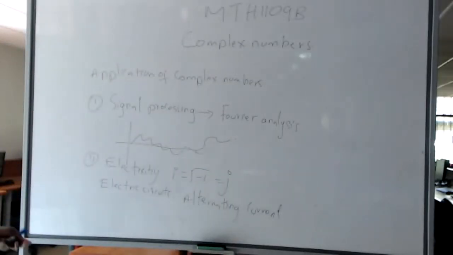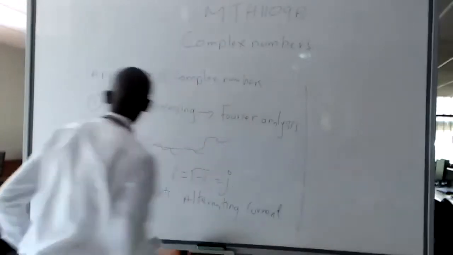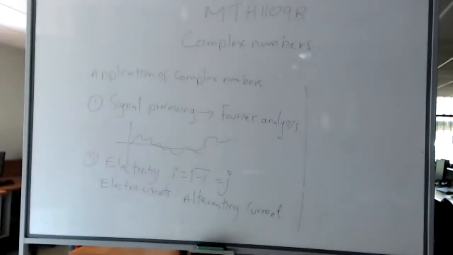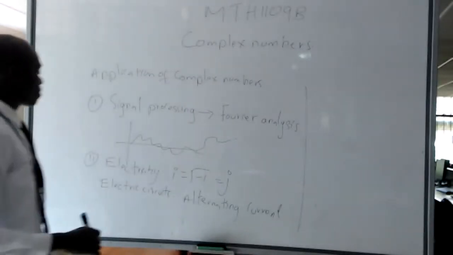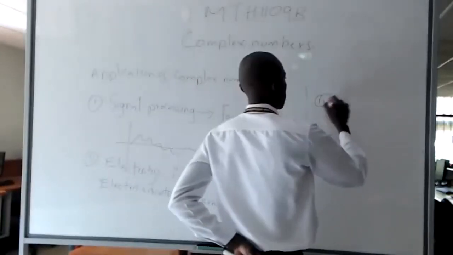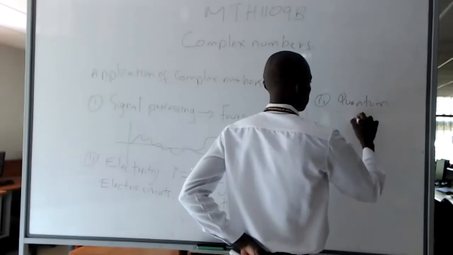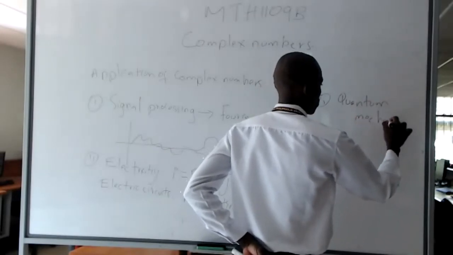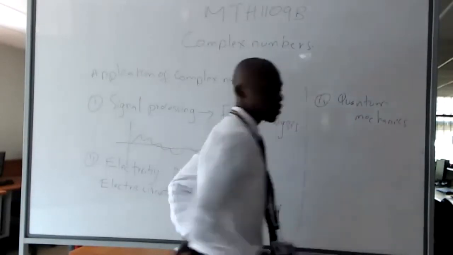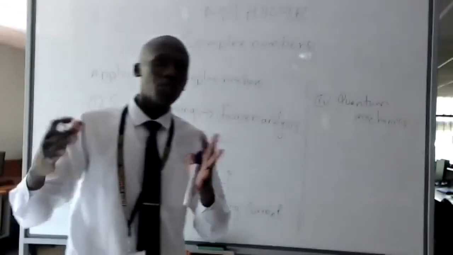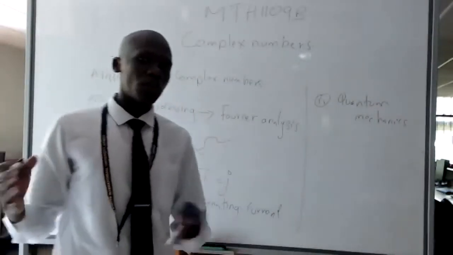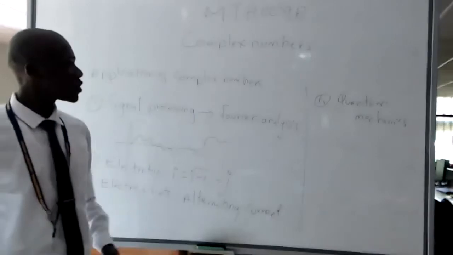or AC, you do this via complex numbers, and these complex numbers are also applied in other fields like quantum mechanics. Maybe some of you have heard of the Schrodinger equation, where you are trying to study the space of subatomic particles like neutrons and photons.